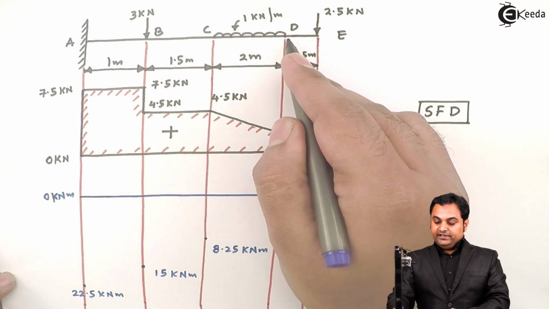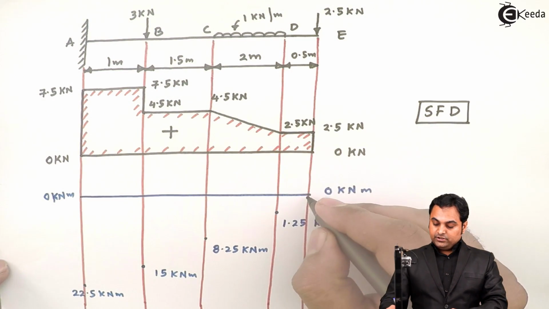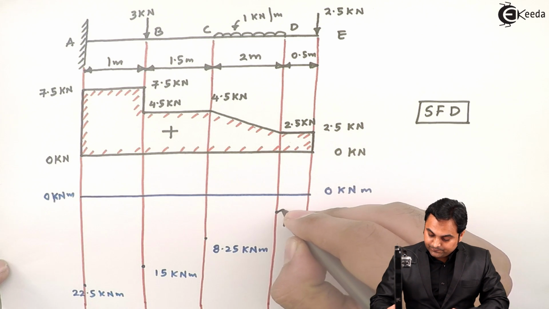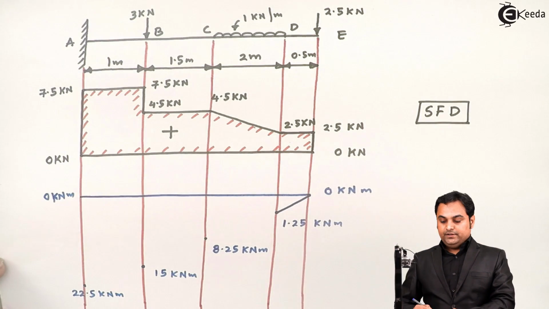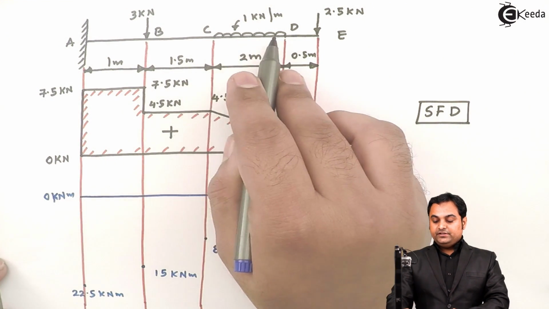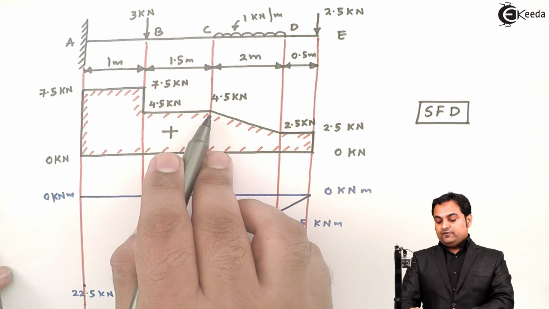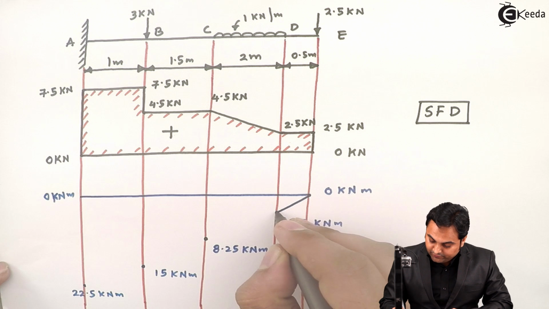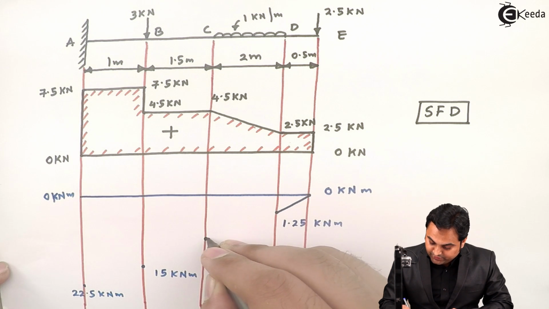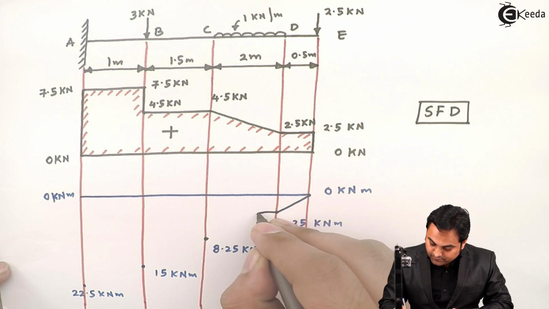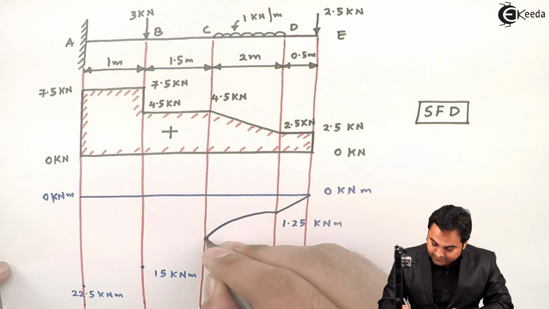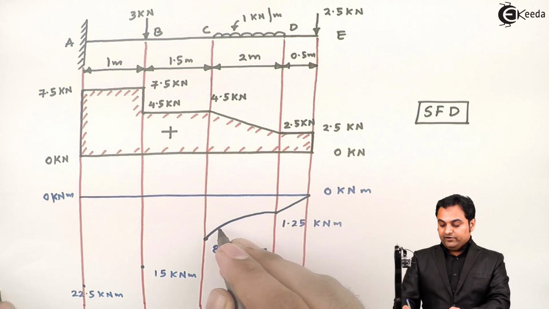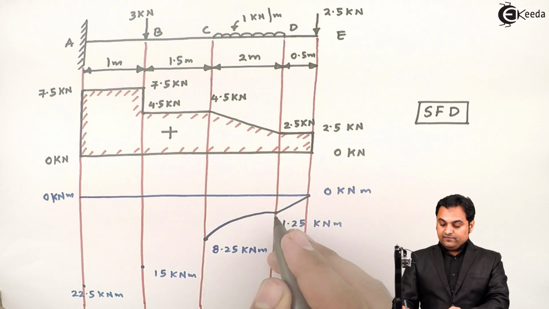As from D to E there is no load, so this shear force was a straight line, bending moment will be an inclined line. Then between C to D there is UDL, so shear force was an inclined line, bending moment will be a parabola, and this parabola will be in such a way that it should give the value maximum at 8.25, that is, it should go on increasing from 1.25 to 8.25.